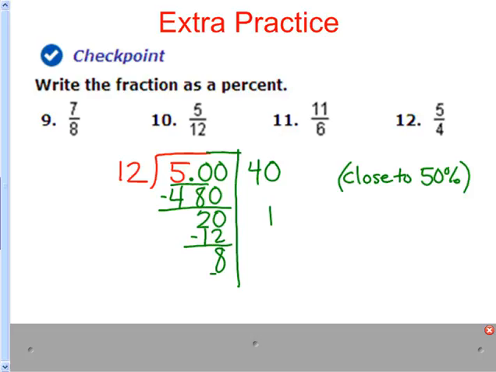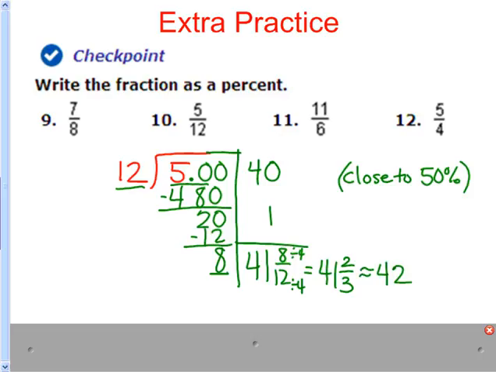Now that 8 is less than 12, so I can stop dividing. I got 41 and 8/12 for my answer. If I simplify that by dividing both of these numbers by 4, I'm getting 41 and 2/3, which is pretty darn close to 42. And that's close enough.